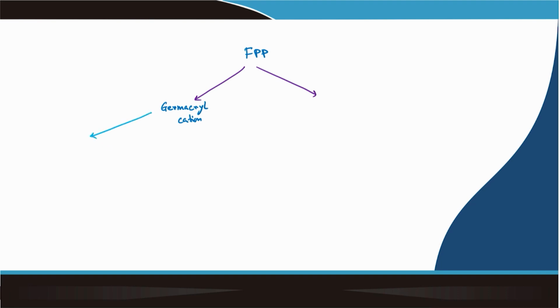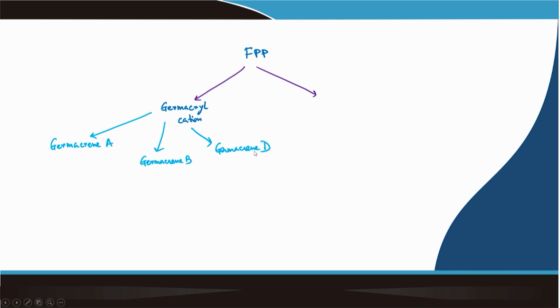For example, from germacryl cation, apart from germacrene A, germacrene B and germacrene D are also produced.